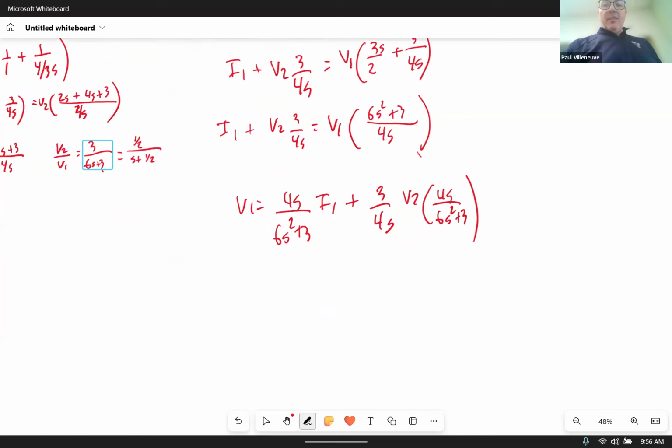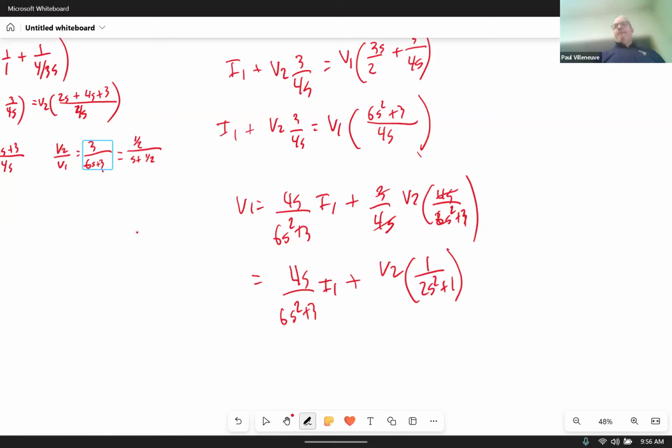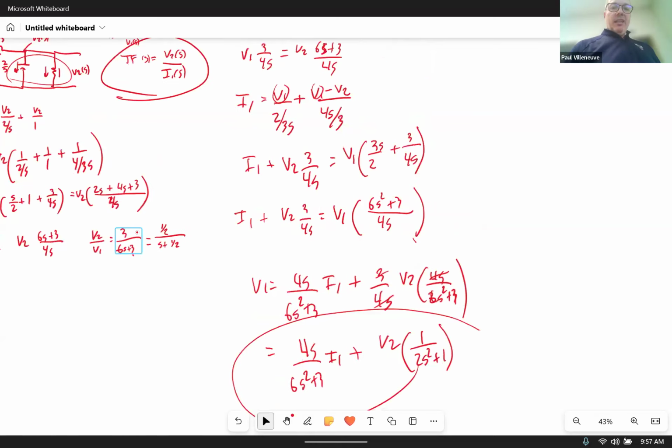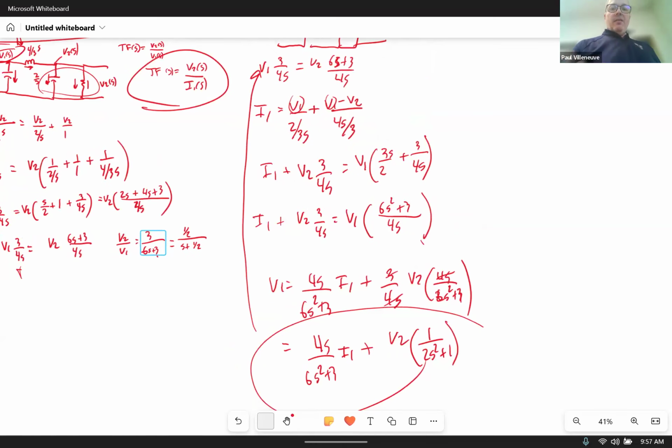Okay? So I can get rid of that. I'll divide out the 3. And what I'll end up with is 4S over 6S squared plus 3 times I1 plus V2 times 1 over 2S squared plus 1. Now I can take this whole thing and substitute it in over here.